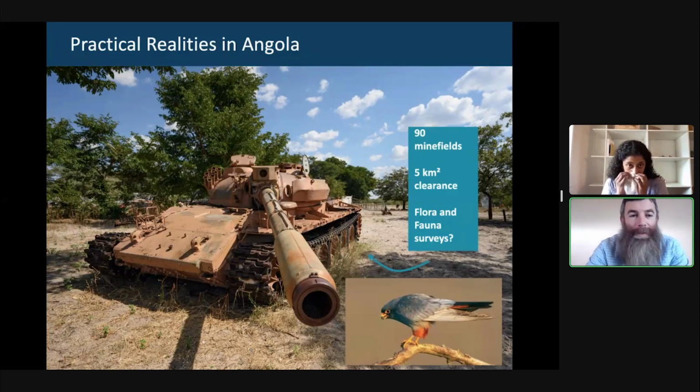So how do we tag on flora and fauna? Or if you look down in the bottom of the slide there, Falco vespertinus, red-footed falcon. What's that got to do with our work in the humanitarian mine action space? And I'd like to say quite a lot.